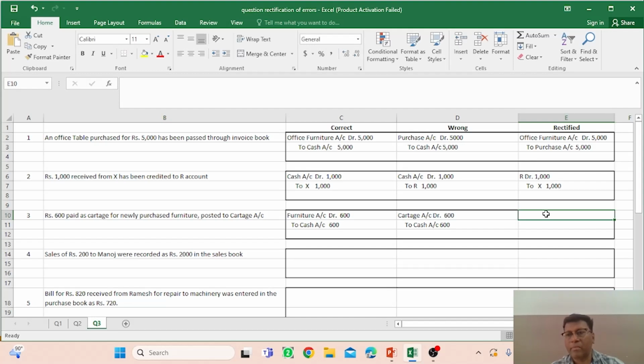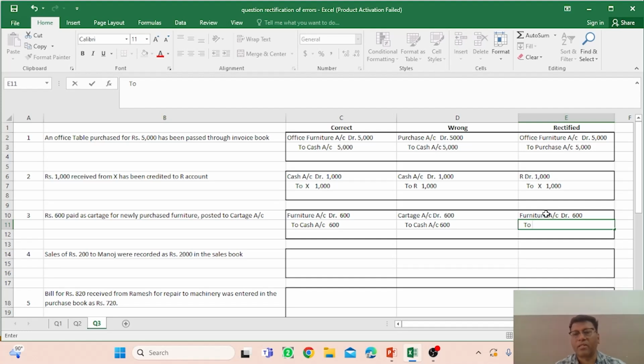And now the time is to rectify this entry, because the furniture account was to be debited but you did not make it debit, so this is the time to correct it. Furniture account debit rupees 600, and now in order to correct the cartage account, because you are not permitted to make any cutting in your books of accounting, you have to go for crediting this account, right?